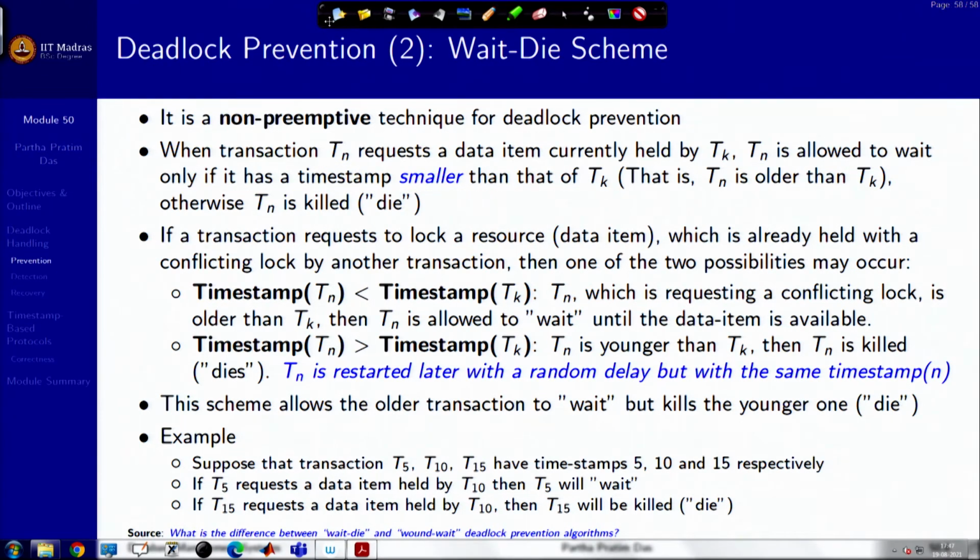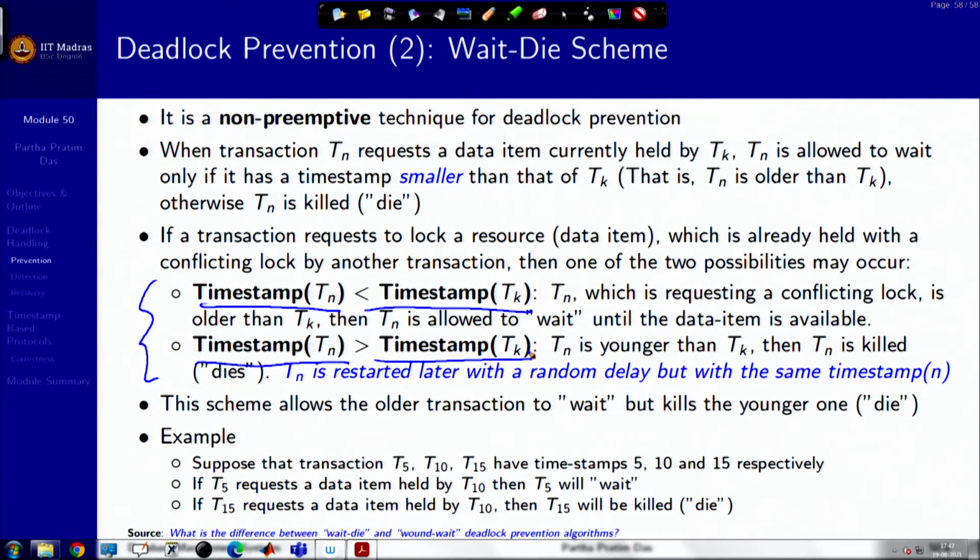In mathematical terms, if timestamp of Tn is less than timestamp of Tk, then Tn will wait while Tk is using that data item till it is available. But if it is more, that is, if it is newer, then Tn is killed immediately.